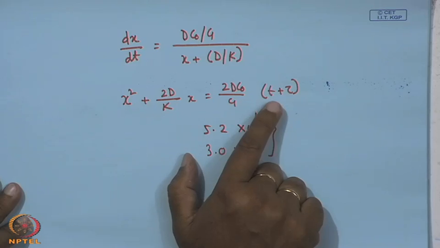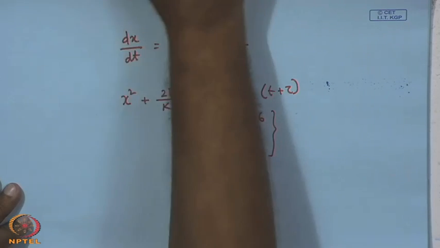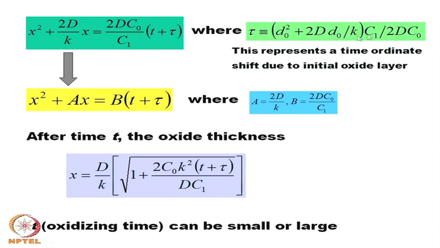Where tau is given by this expression, this represents a time ordinate shift due to the initial oxide layer, because here we are getting an initial oxide layer of d0. So tau is not 0, tau is some finite value because of the presence of d0, you see d0 square etc. And so it is a time ordinate shift due to the initial oxide layer.